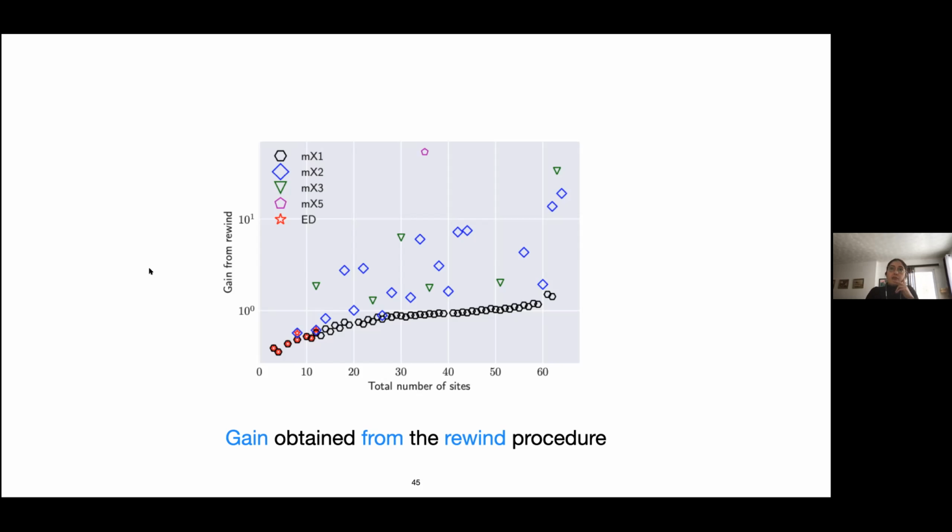The number of calls of this unitary for the method without rewind over the method with rewind is what we define here as the gain. So whenever you have a value bigger than 1, that means that we have an advantage in using the rewind procedure, so that we will use on average fewer calls to this unitary to reach the solution that we wanted.